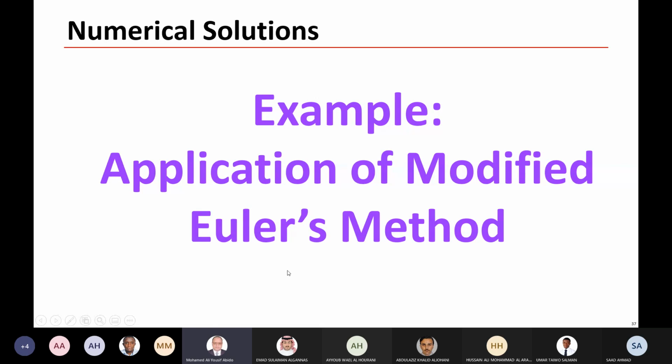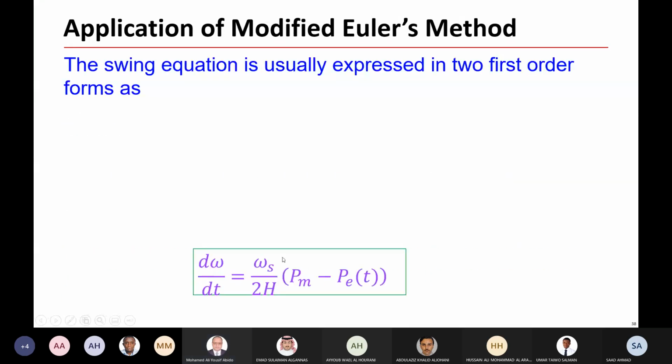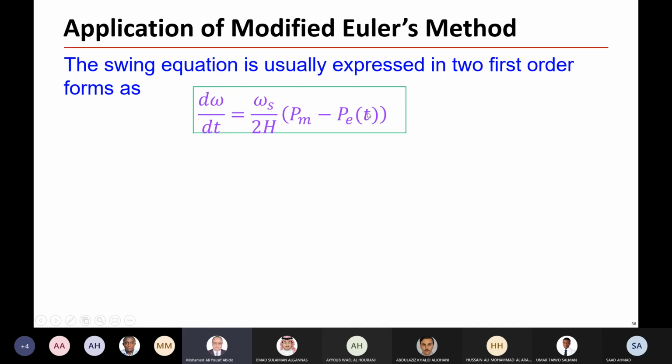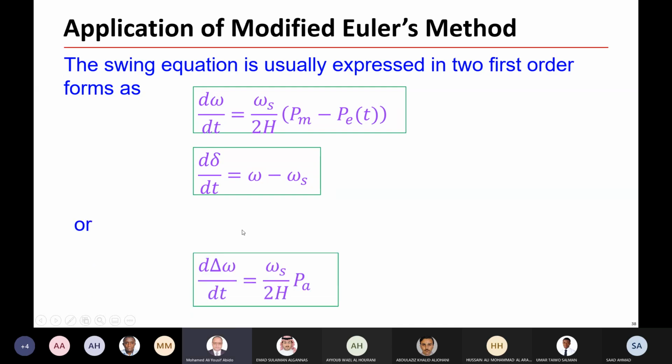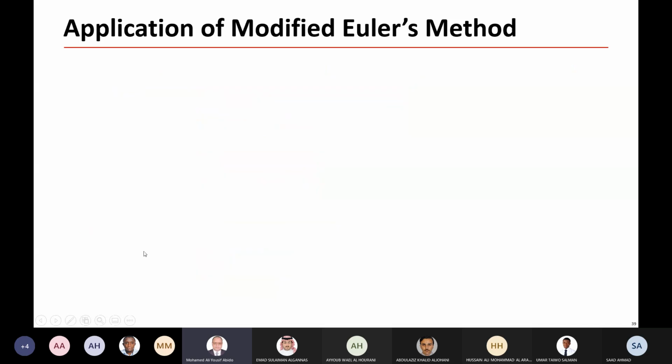Okay, let us see this example for the application of the modified Euler method. Assume that this is the swing equation, and we put it in 2 first order differential equations. You can write here Pm minus Pe, which is the acceleration power, and this is d delta by dt.